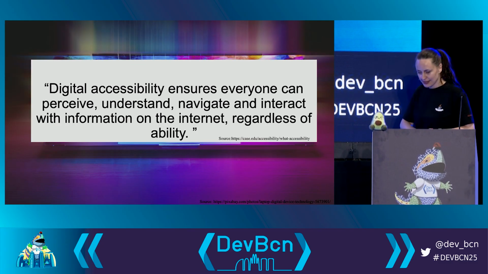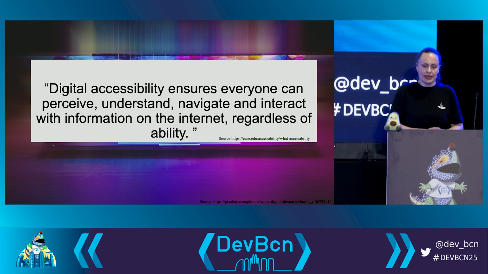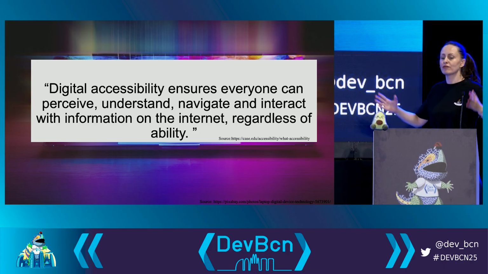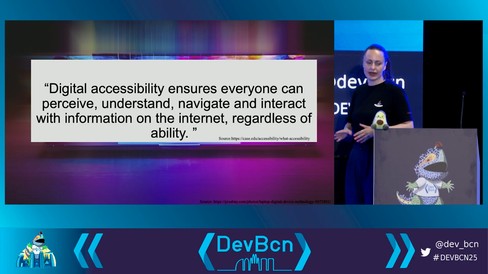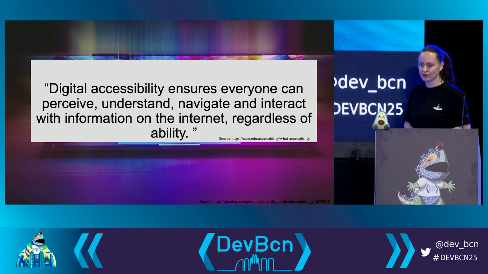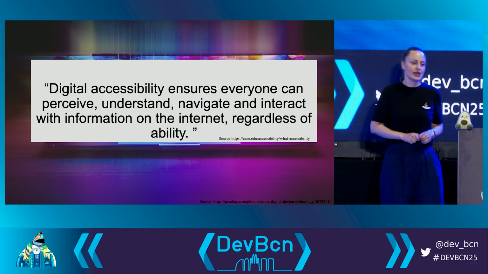Now, digital accessibility's definition, the best that I could find, is making sure that everybody can perceive, understand, navigate, and interact with information on the internet. But this talk is going to touch also what's not on the internet.